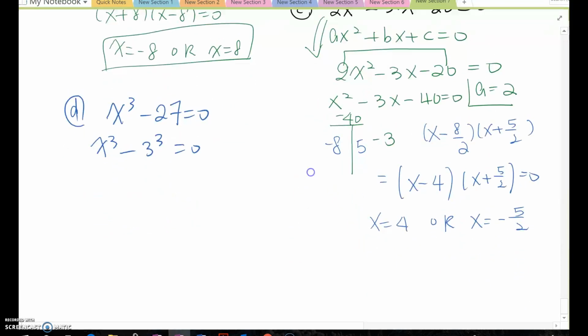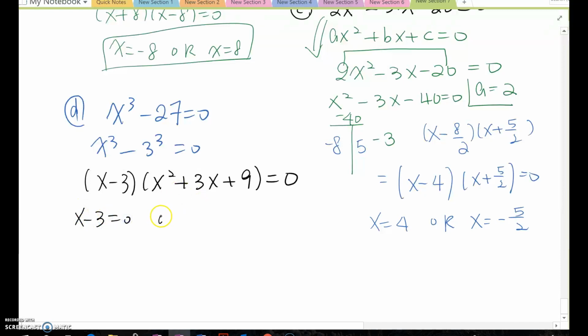Using the factoring property, you can factor out x minus 3 and then x squared plus 3x plus 9 equal to 0. Just set both factors equal to 0. So x minus 3 equal to 0 or x squared plus 3x plus 9 equal to 0. So here we got x equals 3, right?